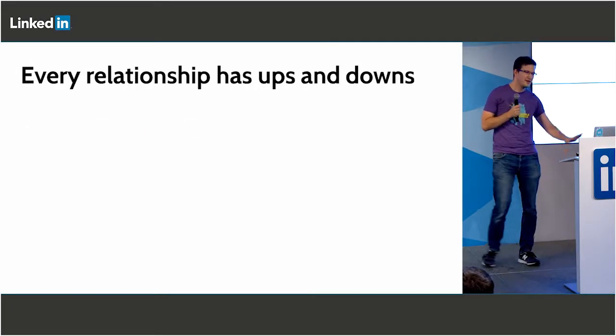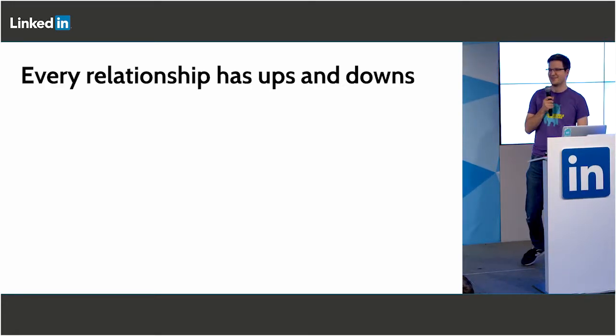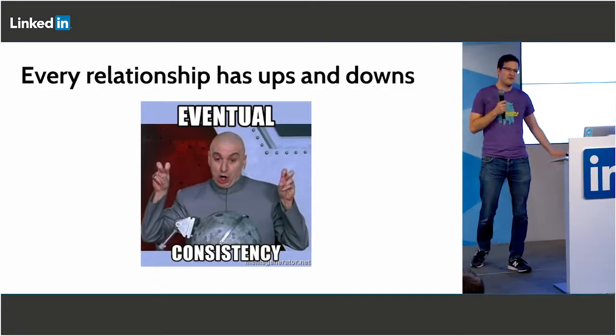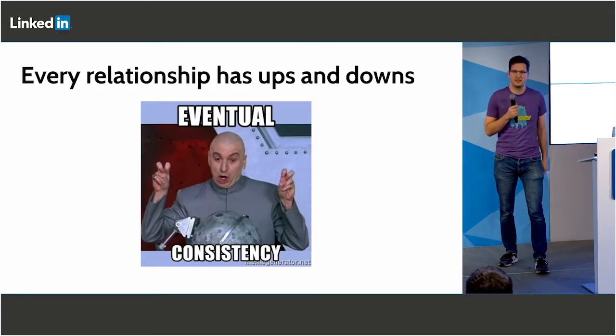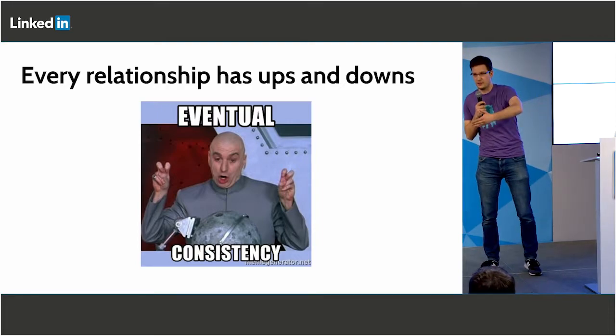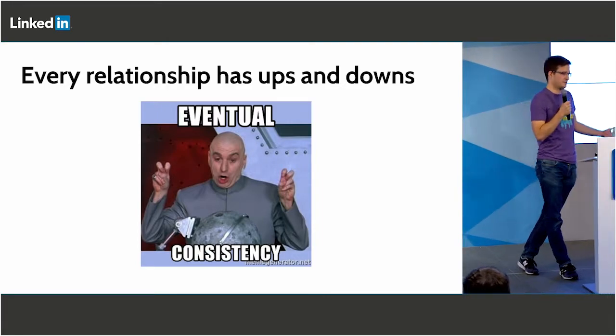But every relationship has ups and downs, and we had them as well. First, the biggest problem was that we are with S3 on the US East 1 region, which is eventually consistent. Which means if you write the data to S3, that doesn't mean you can immediately read it back.